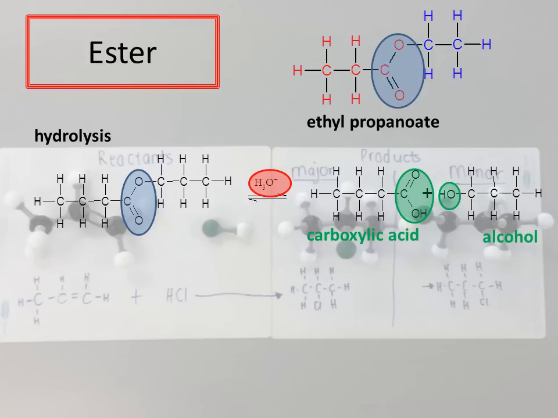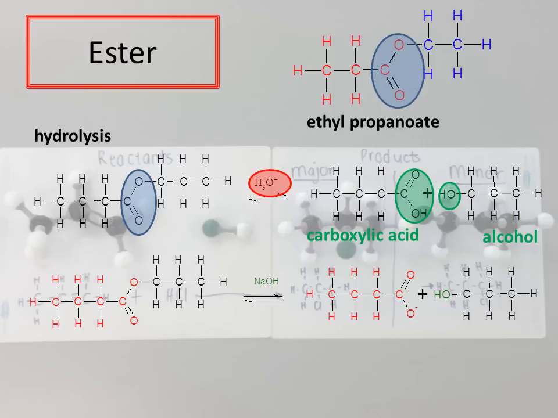We can also carry out this hydrolysis reaction using sodium hydroxide. Now the sodium hydroxide here, if we take the sodium spectator ion away, we are left with just OH minus.